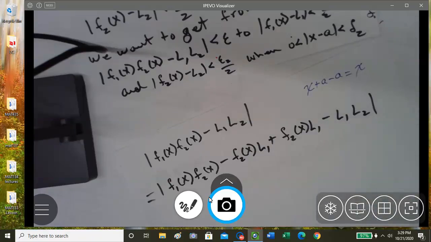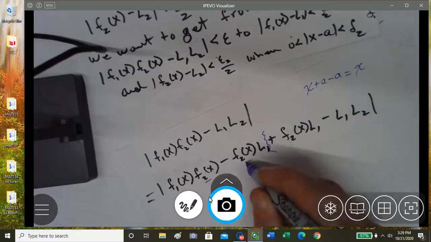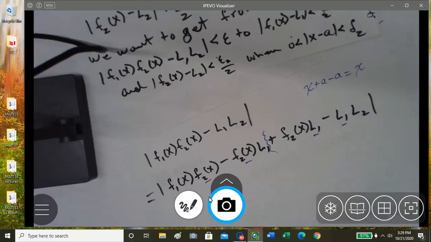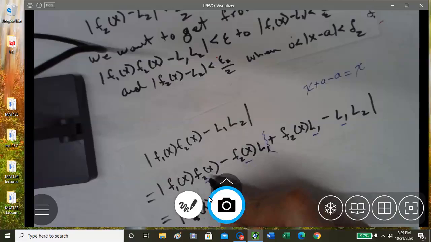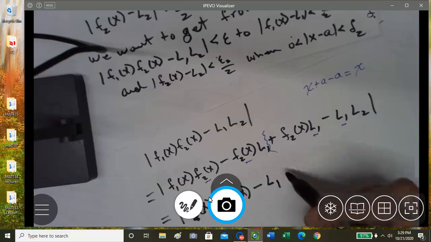Now we're going to split this in half, and we're going to factor out the common factor f sub 2 of x from the left side and L sub 1 from the right side. So this will equal the absolute value of f2(x) times f1(x) minus L1, because we factor f2 out of f1, which leaves f1(x), and factor f2 from L1, which is minus L1.